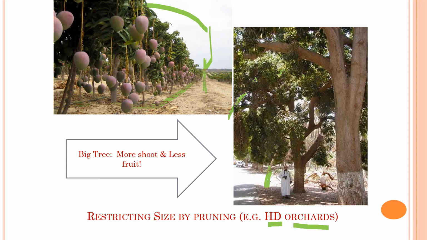And you can see how much fruit and how the size of the fruit is. And it's all good because of pruning. So why? Because when you have bigger trees like these, you are going to have more shoot and less fruit. That's why it's very important to do pruning for these kind of trees, and that's why it is also important to restrict the size. That means make it smaller, make the trees smaller.